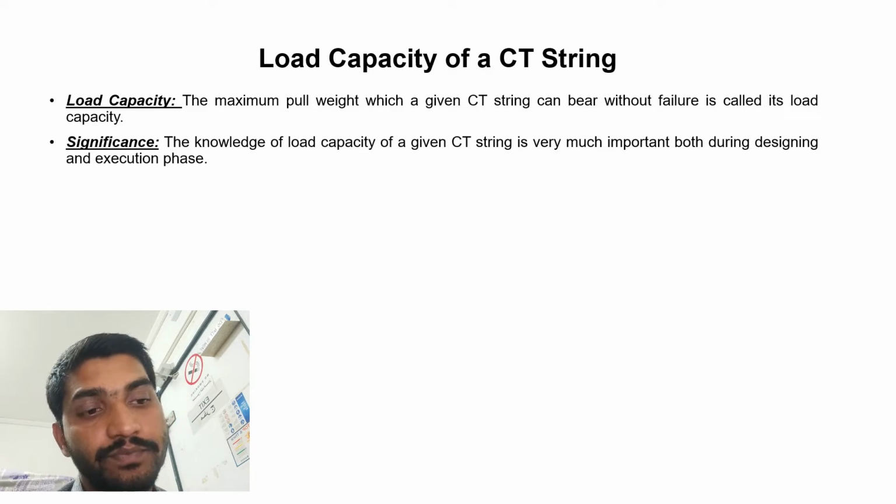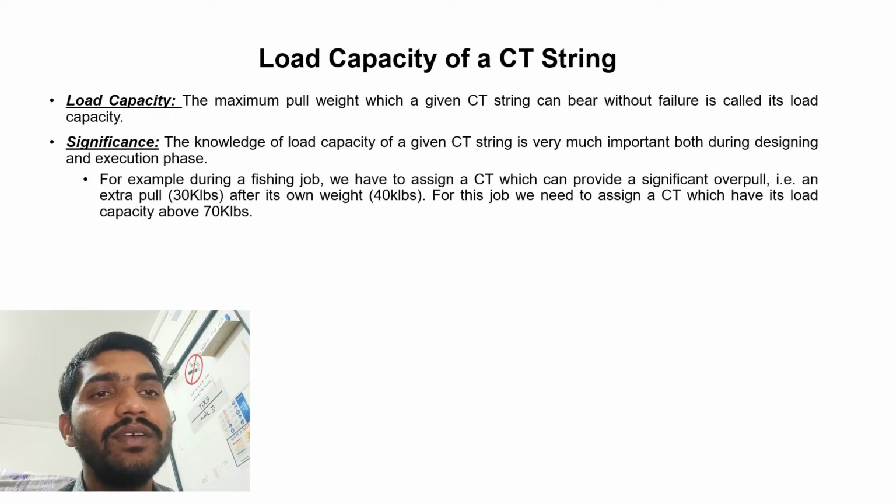execution phase. During the designing phase, just assume that we are going to design a fishing job and the required force to remove that fish is 35,000 pounds, and let's say we have to remove the fish from 10,000 feet, and at that depth the coil tubing weight is 40,000 pounds.